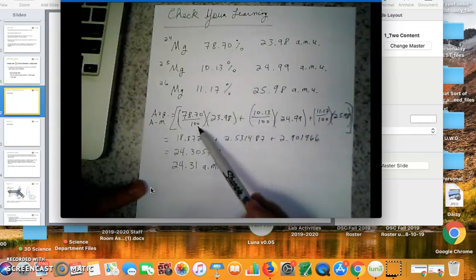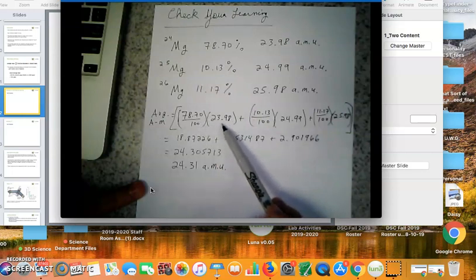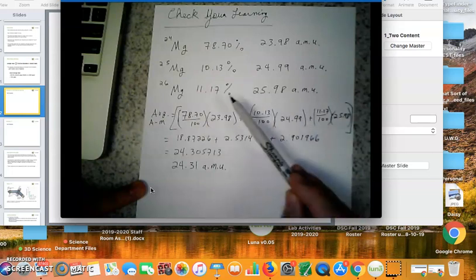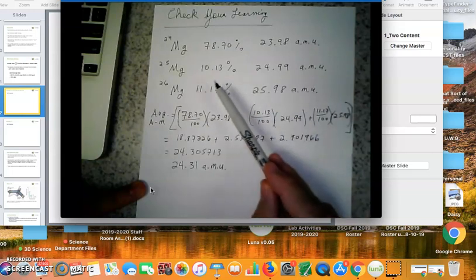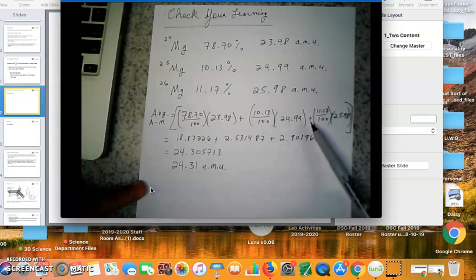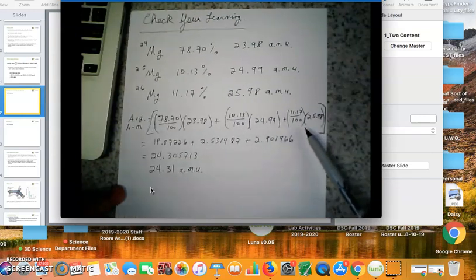Okay, so 0.7870 times 23.98. And then for the second isotope, same process: 0.1013 times 24.99, or I wrote it out here, dividing it by 100, however you want to do it. And then the third one, same process, percent divided by 100 times atomic mass.